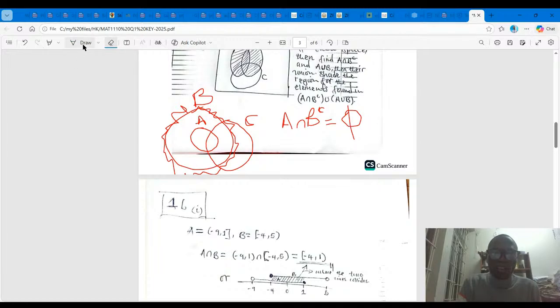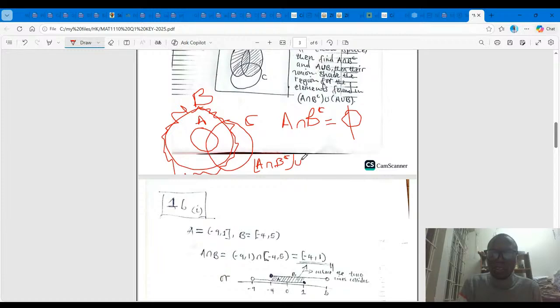So that will imply that, let me erase here, so that will imply that A intersect B complement, excuse my writing, union A union B.